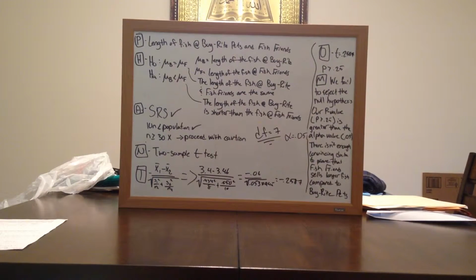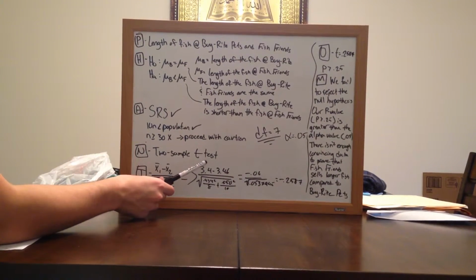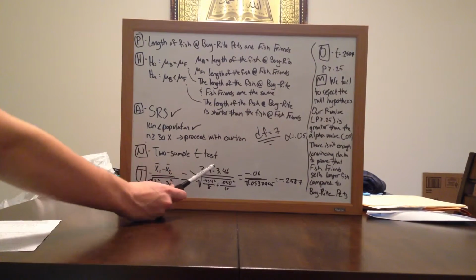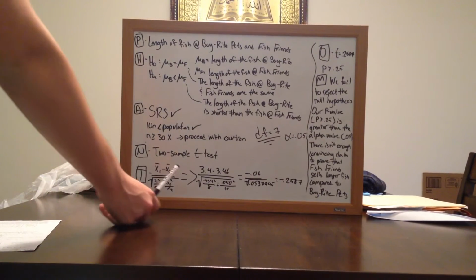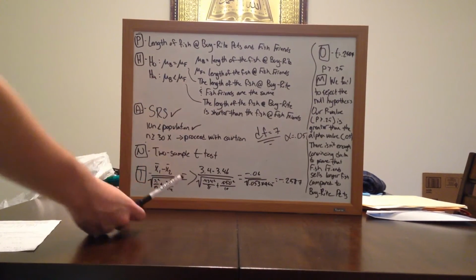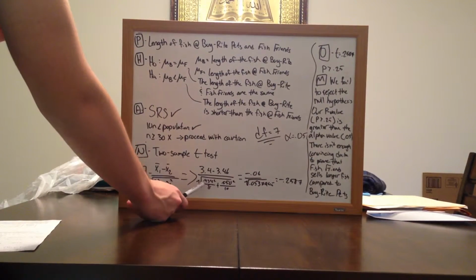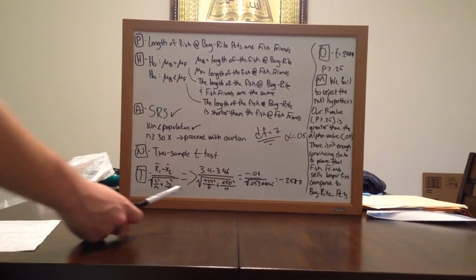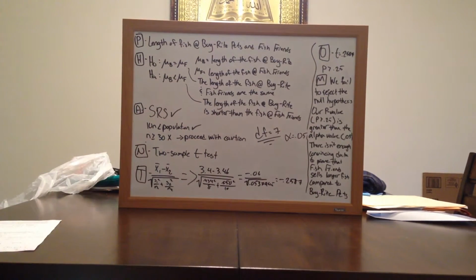So when we plug in the numbers, our x bar value for the first sample is 3.4 minus 3.46, which is the mean length from Fish Friends, all over the standard deviation, which it gives us on the table by the way, 0.434 squared over 8 because there's 8 fish, plus 0.550 squared over 10 because there's 10 fish at Fish Friends.